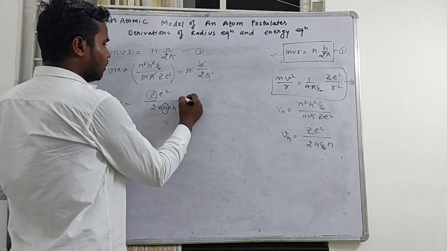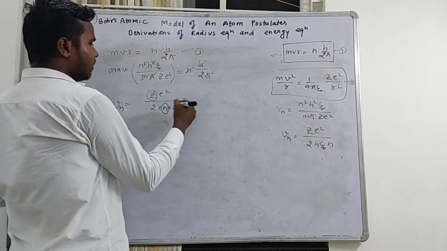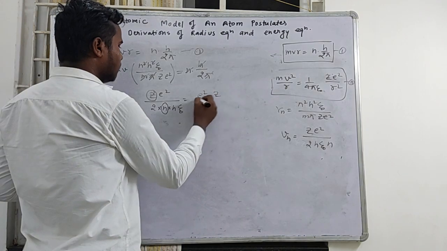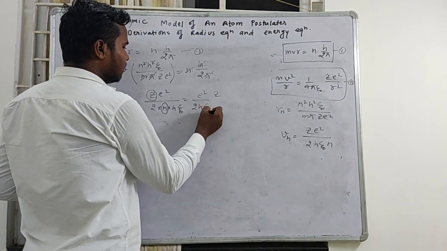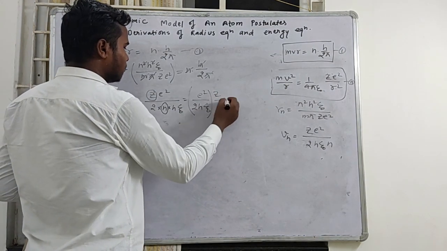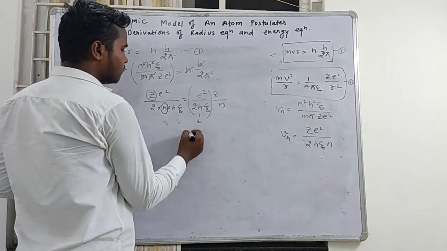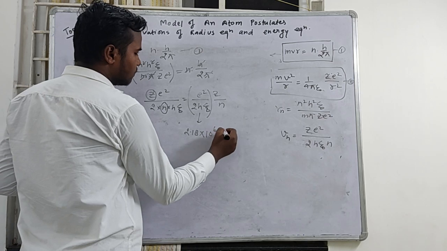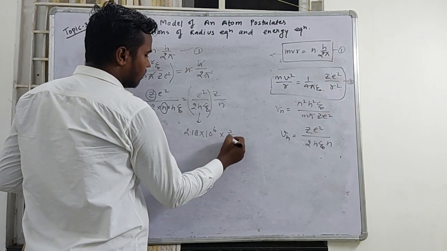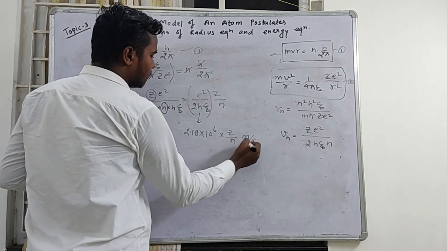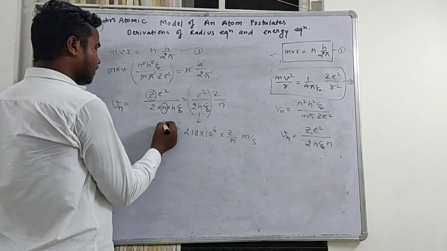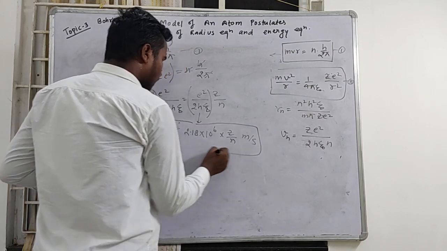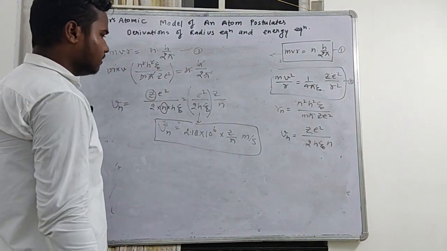So writing in the right manner, e square upon 2 h epsilon naught is the constant, times z upon n. This value is 2.18 into 10 to the power 6 into z upon n meter per second. This is the final velocity of an electron in the nth orbit.